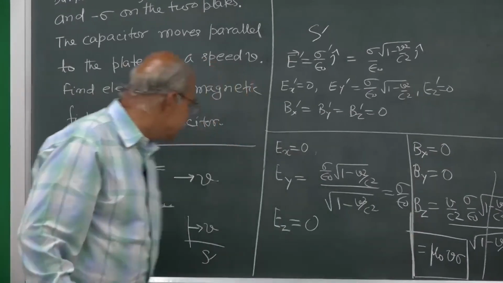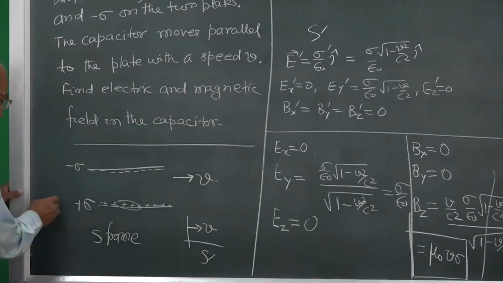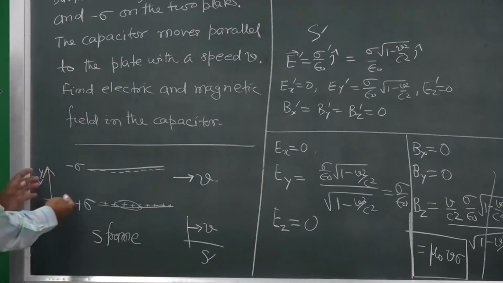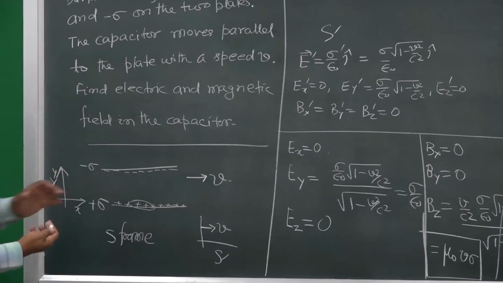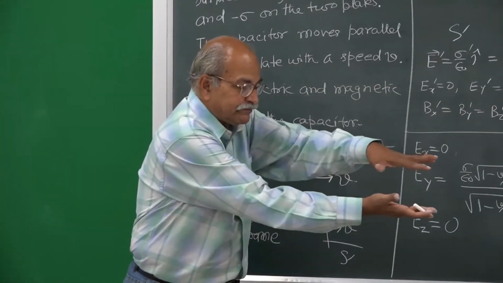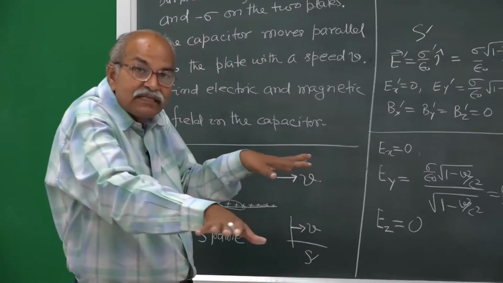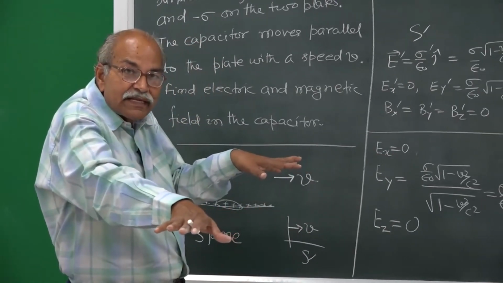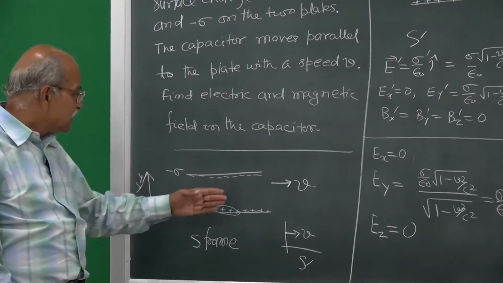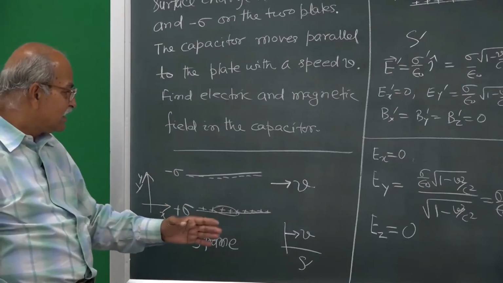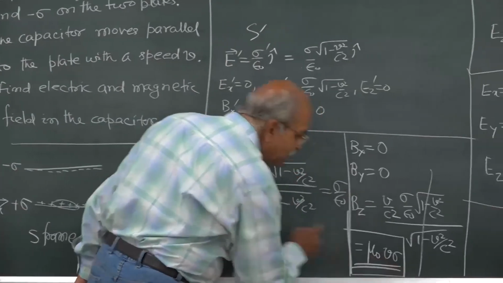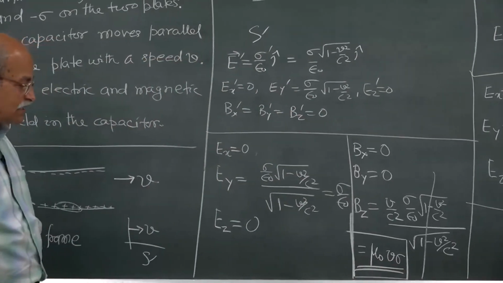So you have an electric field and you have a magnetic field, and the magnetic field is in the z direction. If this is y and this is x, then the k direction, the z direction, is coming out of the board. So if the plates are moving like this, then there is a magnetic field perpendicular, in the z direction coming out of the board, and its value is given by mu naught v sigma.